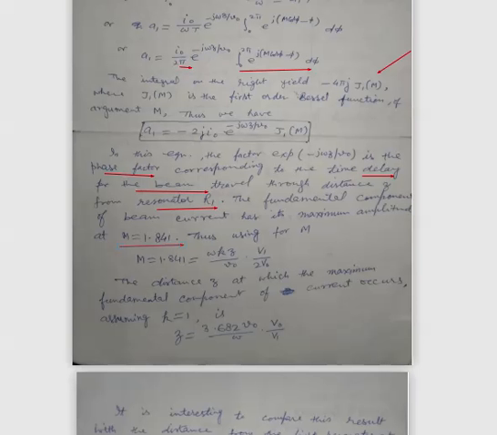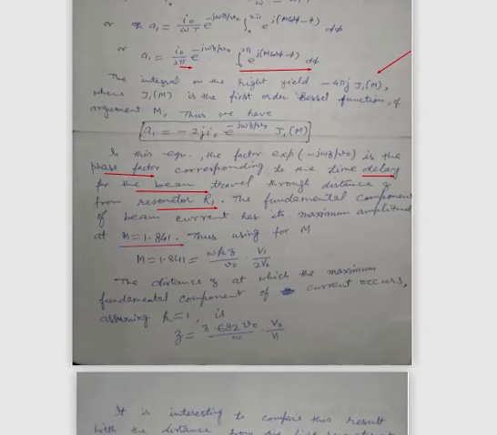So for the maximum component of the fundamental beam current A1, the value of m here is considered to be 1.841, and we will equate this value equal to omega k z over V0 into V1 upon twice V0.